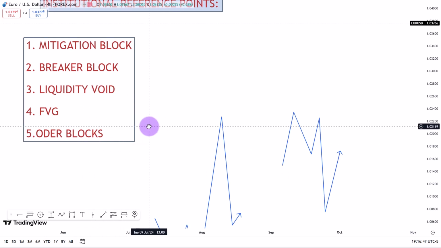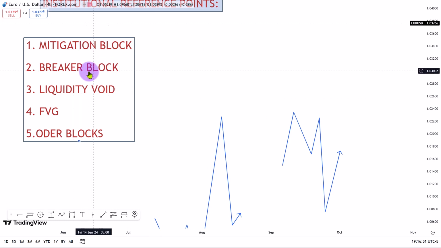Now, sometimes this one may not be there, but you'd see the breaker. Sometimes the breaker may not be there, but you see the mitigation block. Then sometimes you're going to see the mitigation block confluencing with either the liquidity void or the breaker right there. You're going to see more than one institutional reference point at almost the same price level.